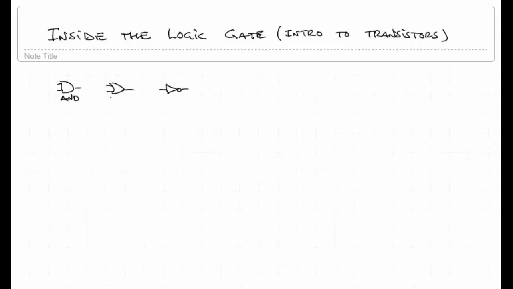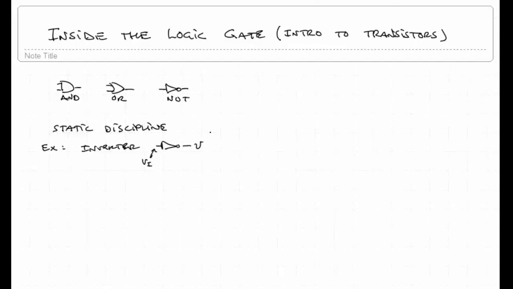And we have not considered at all how you might construct one of these. The only thing that we've really looked at is what we've called the static discipline, which defines the voltage levels at the input and the output of the gate. So let's take, for instance, the inverter. Now we're going to go back and actually look at voltages.